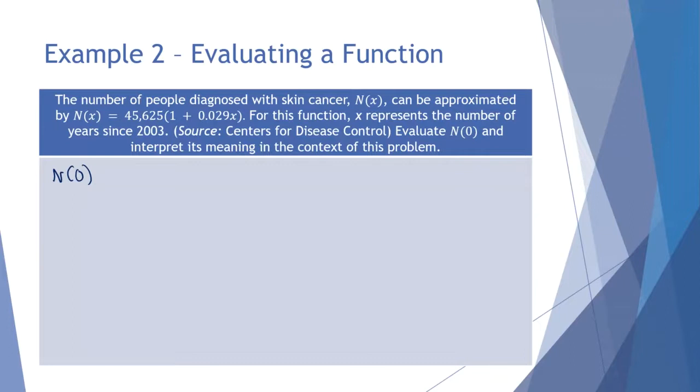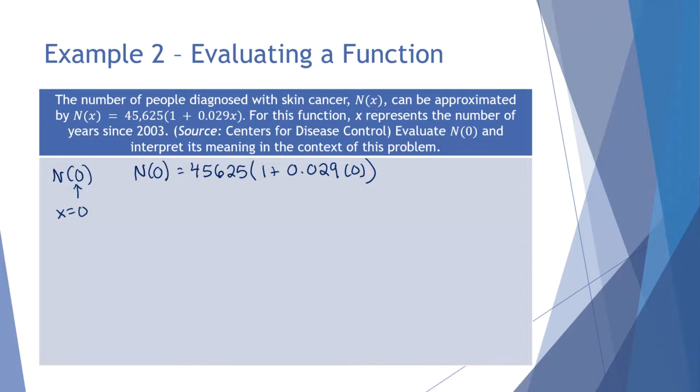So let's start by finding n of 0. n of 0 means that x is equal to 0. So I need to plug in 0 for x on the right side as well as on the left. So I have 45,625 times parentheses 1 plus 0.029 times 0, because x is 0.